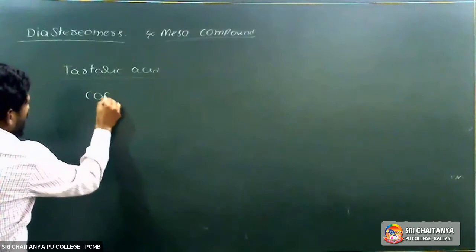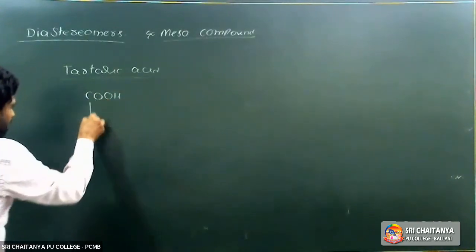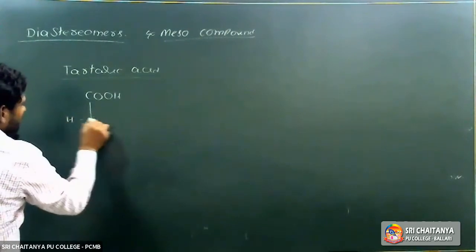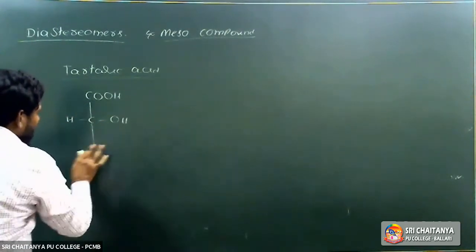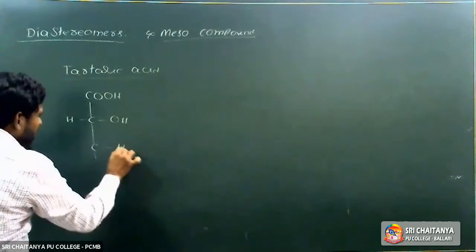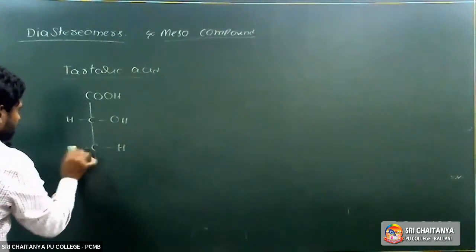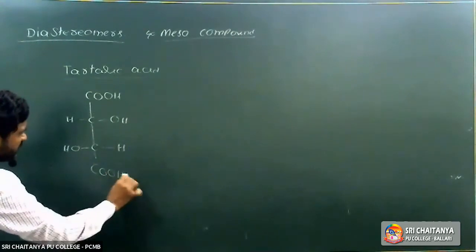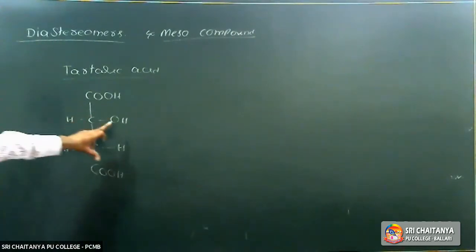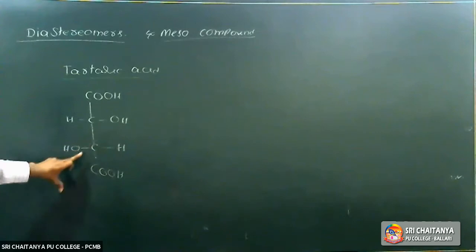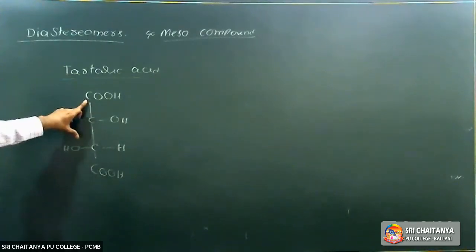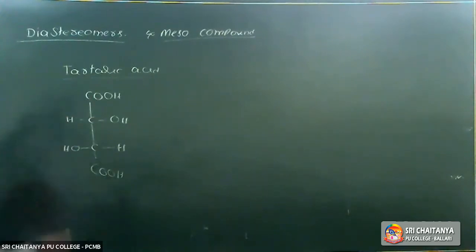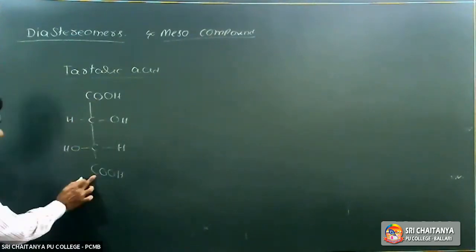So it is COOH, then CH, OH, then CH, OH, and then COOH. So 2,3-dihydroxy butane-1,4-dioic acid.